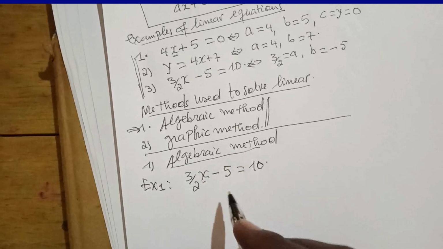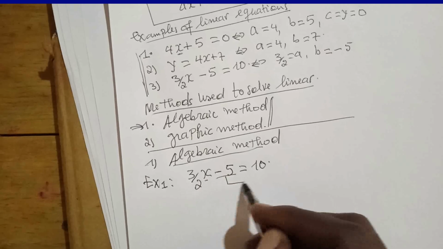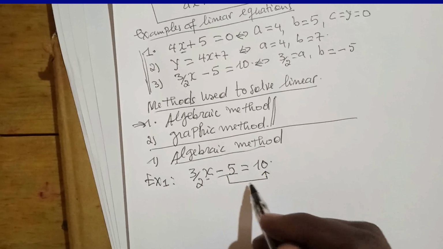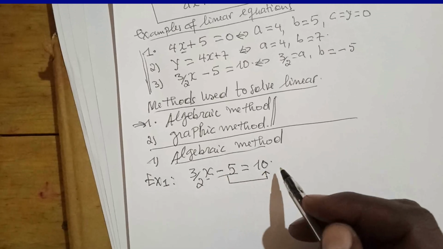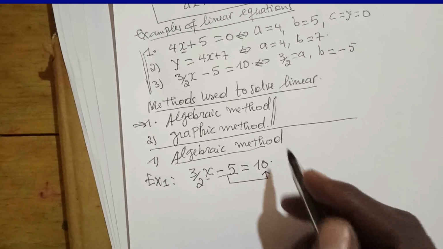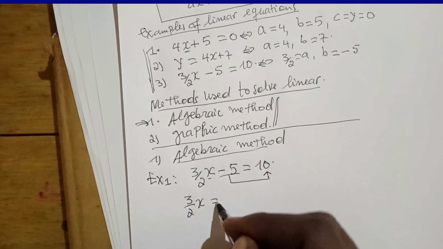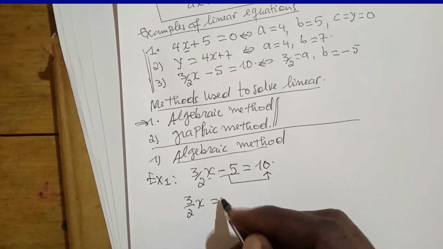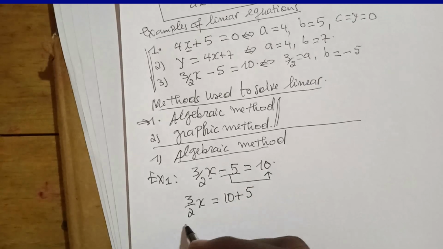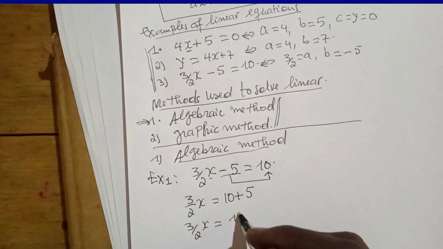First of all, we take this negative 5 to the right side of the equal sign. When this negative 5 goes to the right side, the negative sign becomes a positive sign, and we get 3 over 2 x equals 10 plus 5.